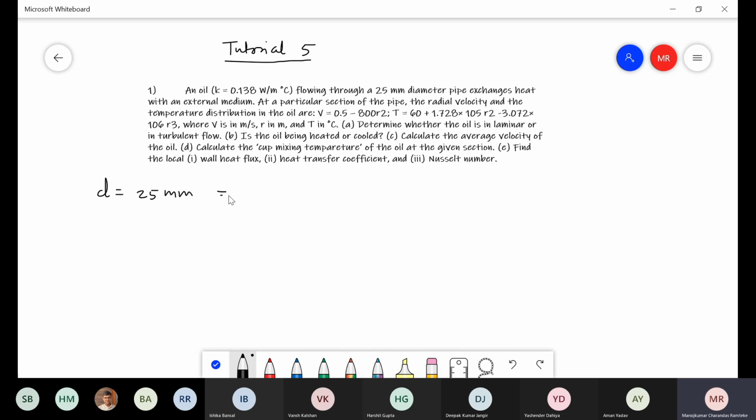So that means the radius R naught is 25 by 2, so that becomes 12.5 mm, that is 12.5 into 10 raised to the power minus 3 meter. Okay, this is what has been given.